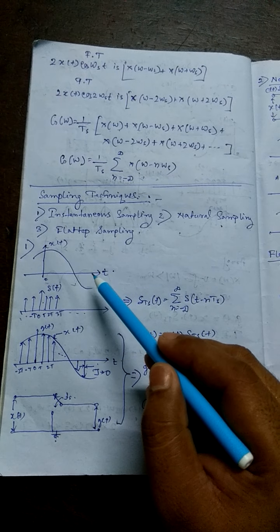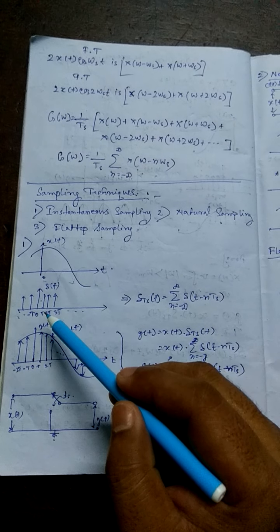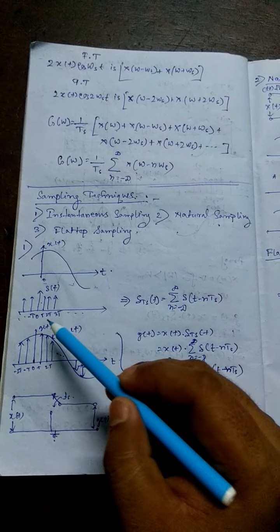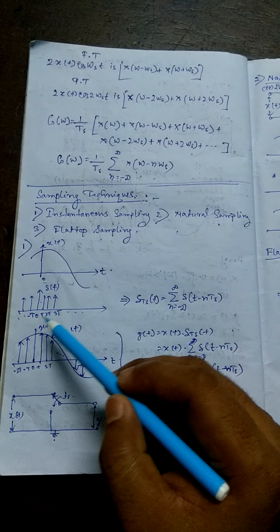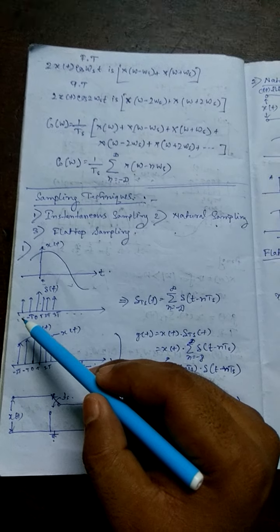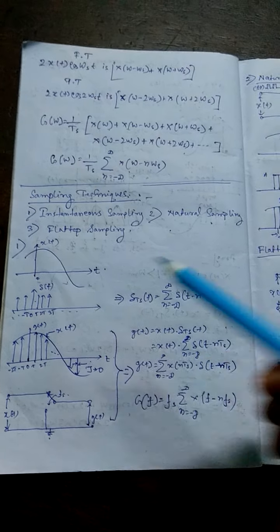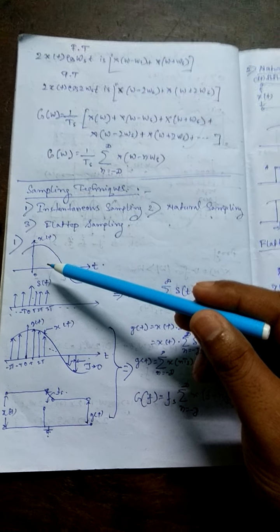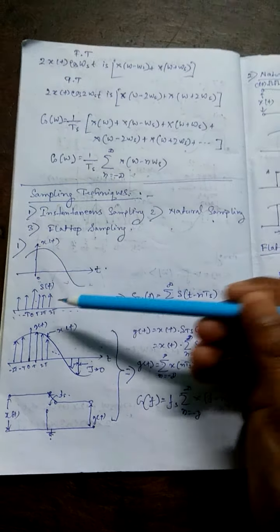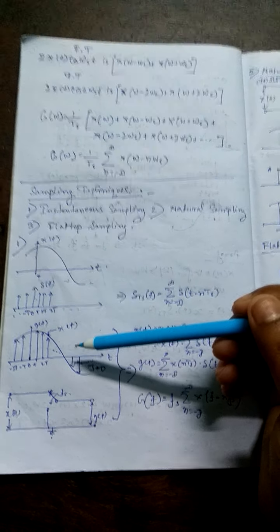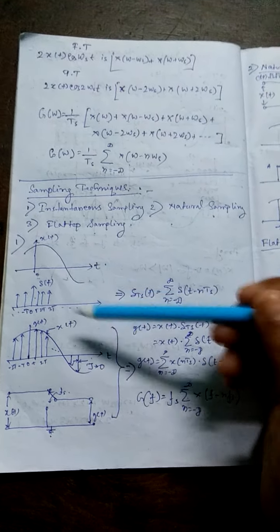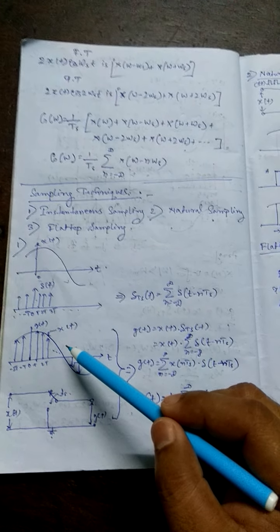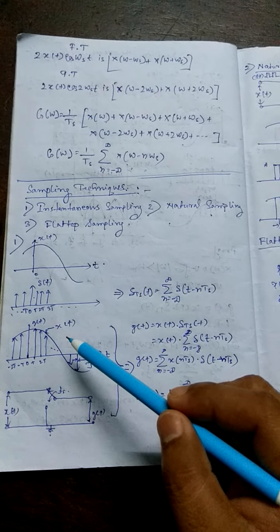This is a continuous signal x(t), and this is the delta(t) signal, that is the impulse signal, and this is the time span 0, Ts, 2Ts, here also minus Ts, minus 2Ts, etc. If we multiply the two signals, then the outcome of that operation looks like this. And this is the instantaneous sampling output.